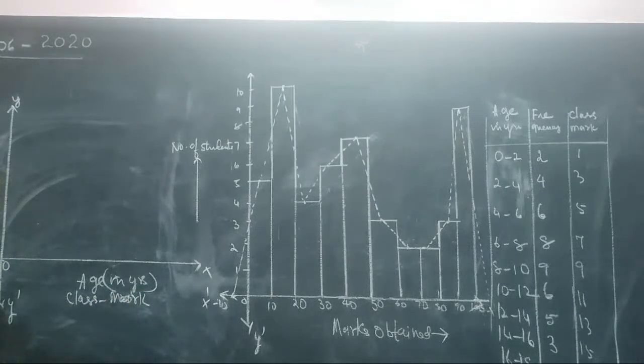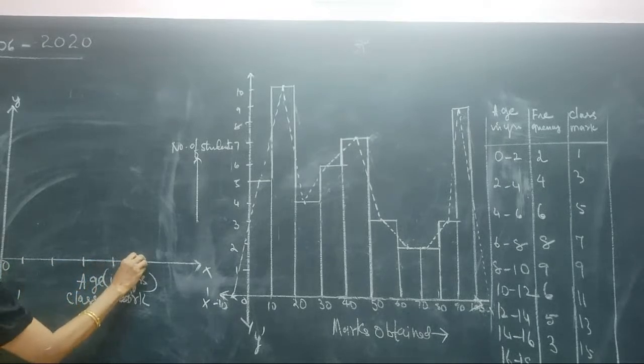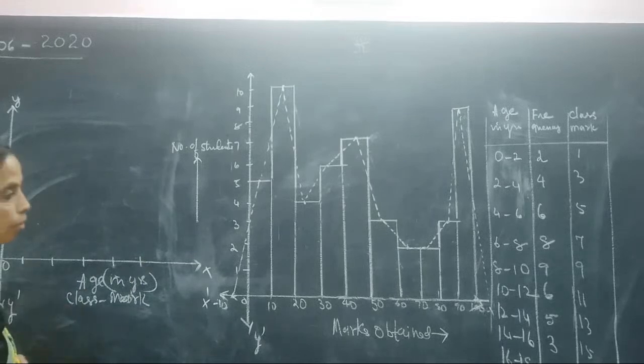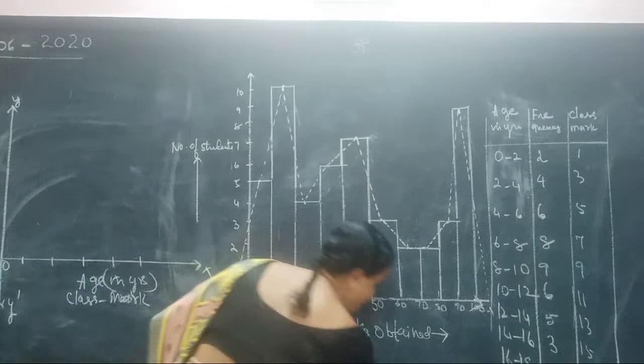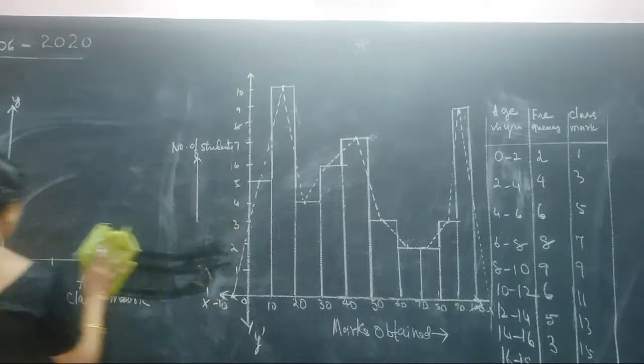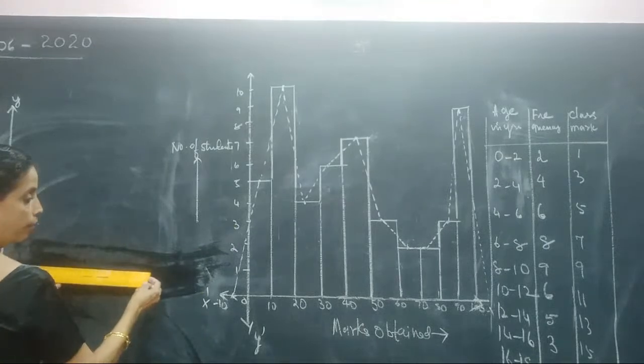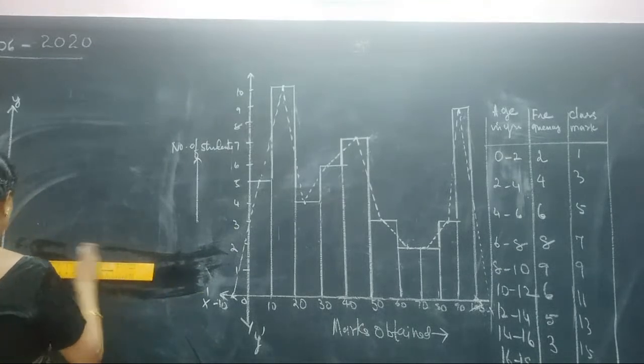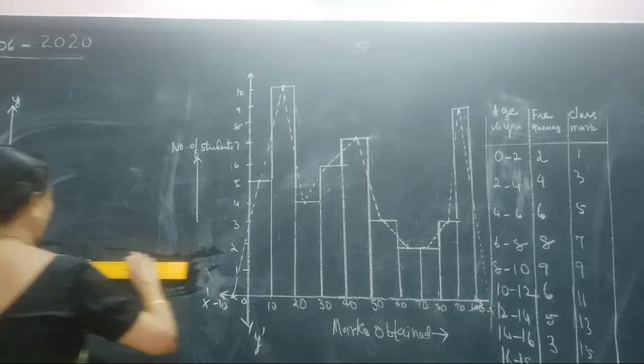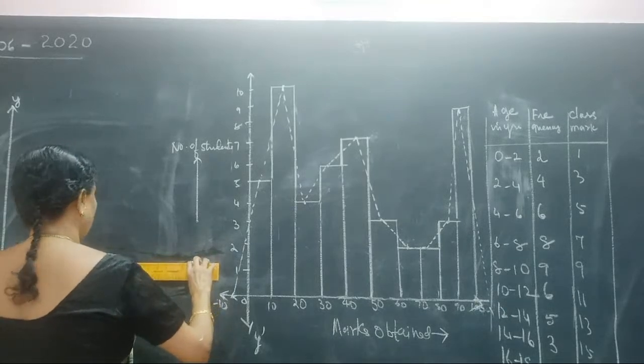It starts from 1, 3, 5, 7, 9 up to 17, so I have to adjust with a little lesser width.